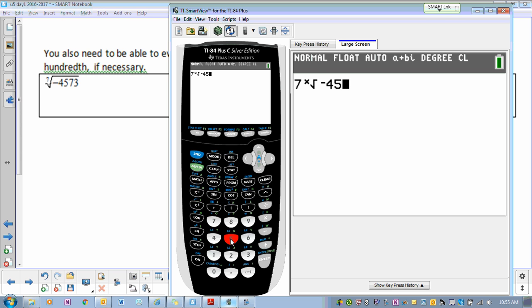Negative. So look at that. That's what you should have, yes? Okay, so we have to round it to the nearest hundredth. That's 2 decimal places because 100 has 2 zeros, right? So negative 3.33.